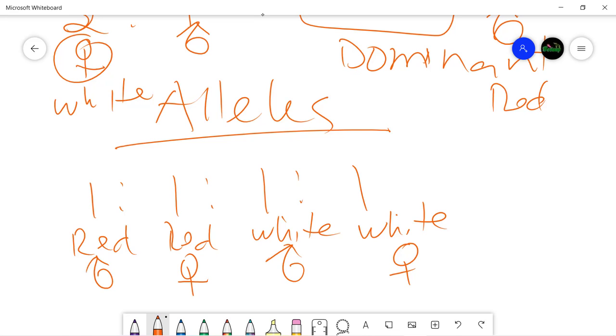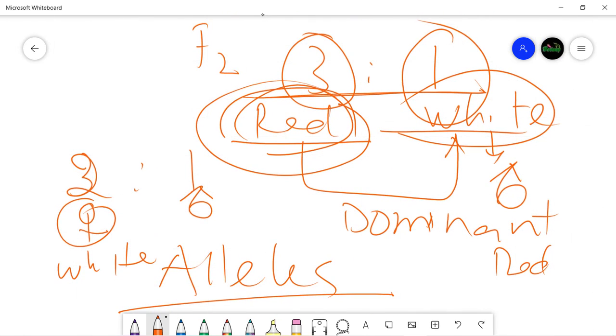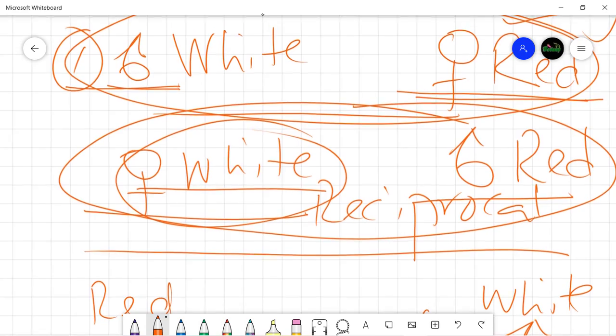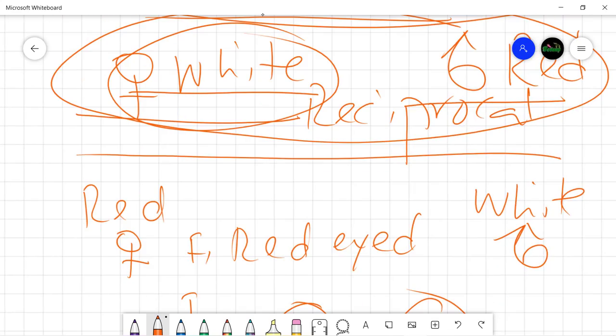So let's see how these results would be obtained and how we can make a cross between these two flies. We start with the initial cross of Morgan, in which a white-eyed male was crossed with a red-eyed female.